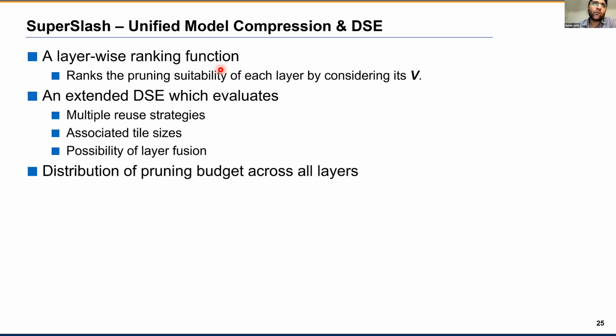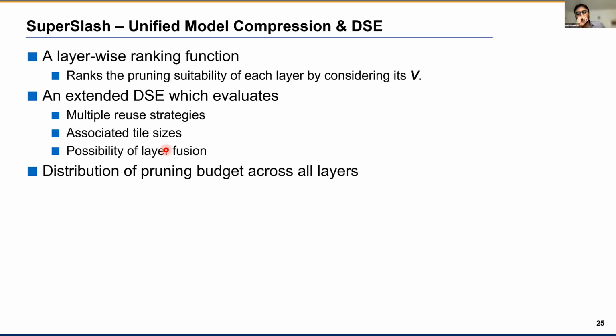And afterwards, we also have an extended design space exploration in which we can have a different reuse strategy for each layer. And afterwards, we also have the possibility of layer fusion.